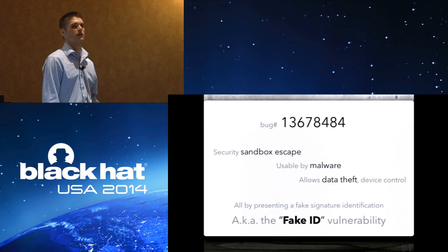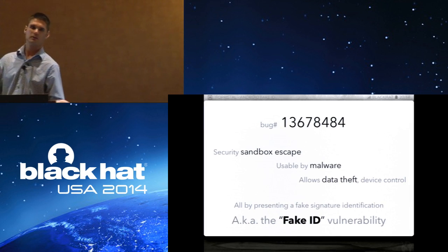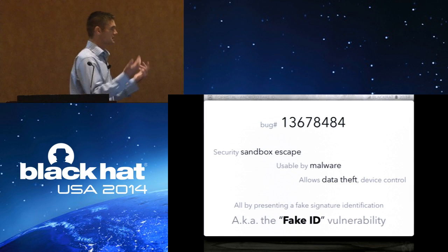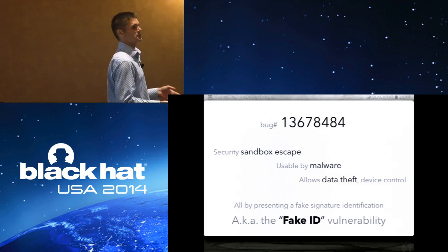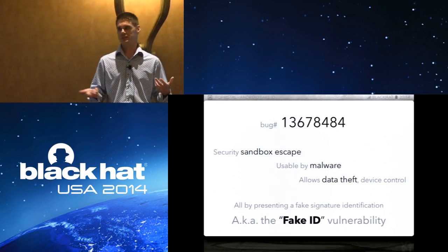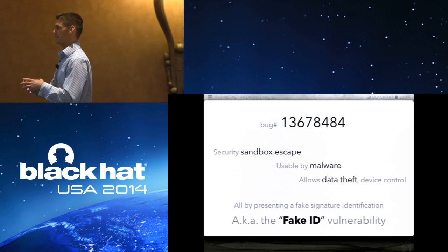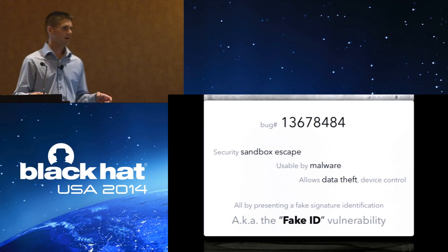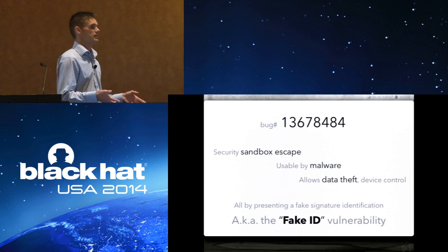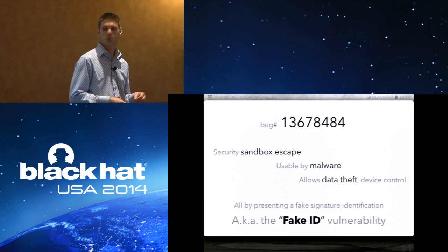So certainly I've been around doing fun things like this at Black Hat for quite a while. What am I doing here on this stage today? I'm here to talk to you about this cute little bug. This bug just basically has this number, and that's a bug track number. This bug is interesting because it's a complete security sandbox escape. It is definitely usable by malware in a completely stealth fashion, and it inevitably allows things like data theft and potentially, in certain circumstances, full device compromise.